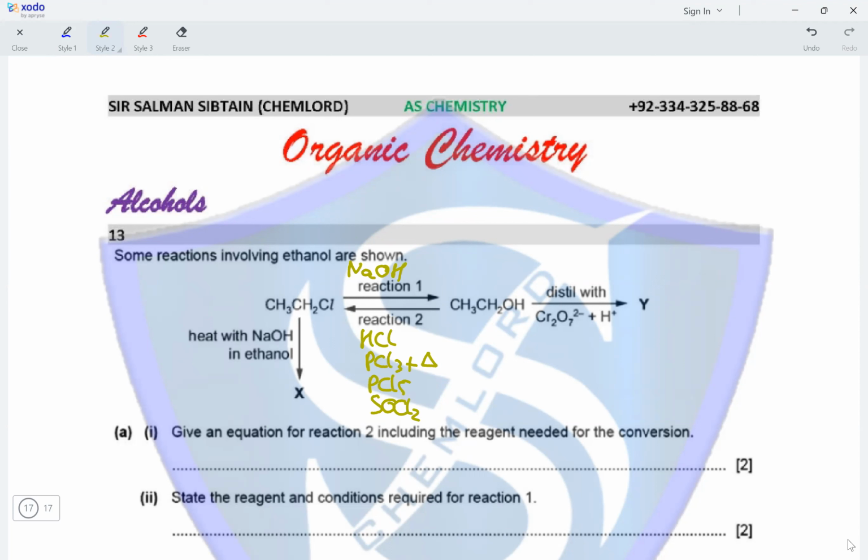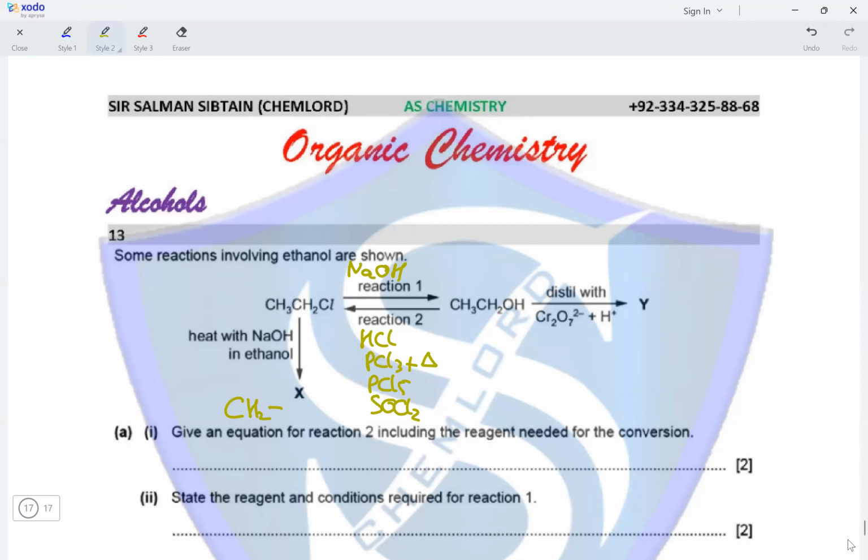And in the reaction in which the halogenoalkane is converted into compound X, we heat with NaOH in ethanol.